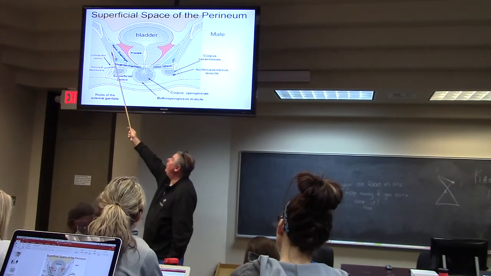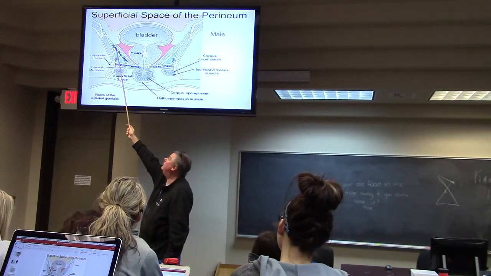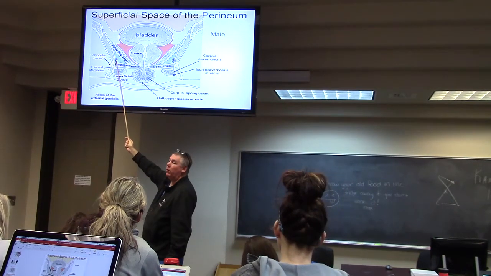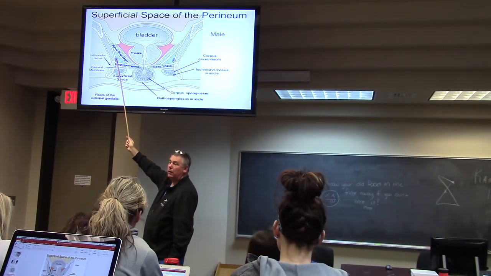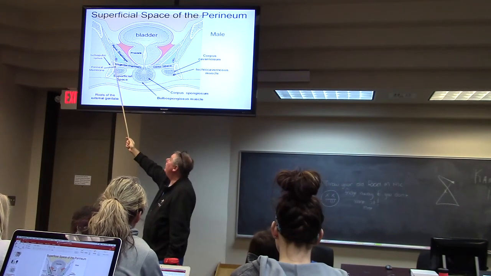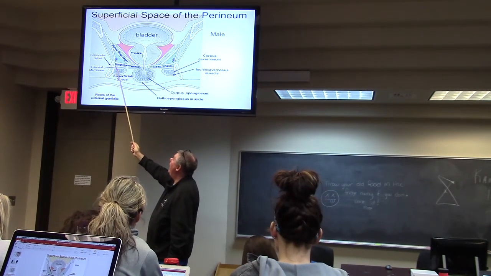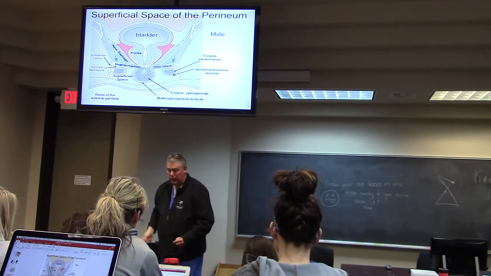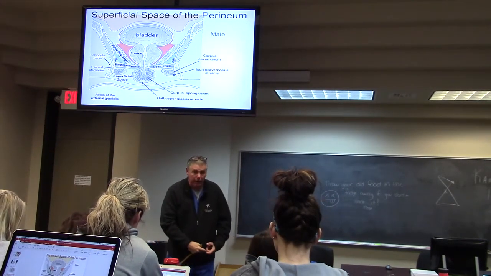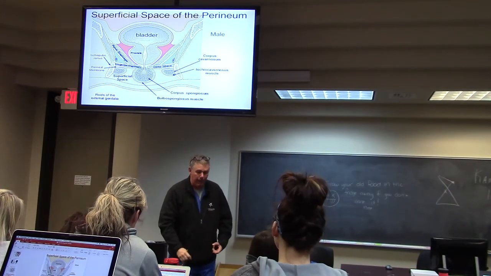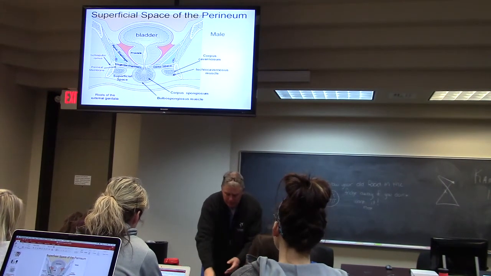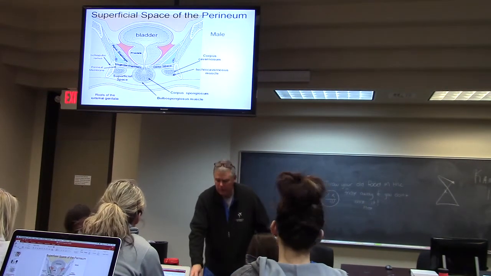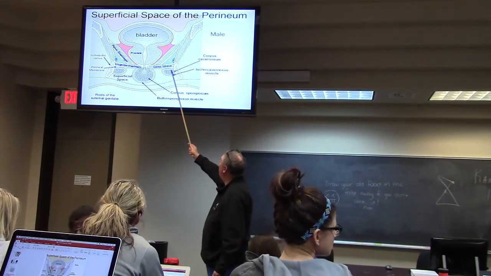This would be the obturator internus muscle. That's the pelvic diaphragm hanging off of it. That would be the pudendal canal right there. Now, attached to the ischiopubic ramus, because that's the bottom part of that obturator foramen coming up to form the pubic symphysis, is this structure right here.